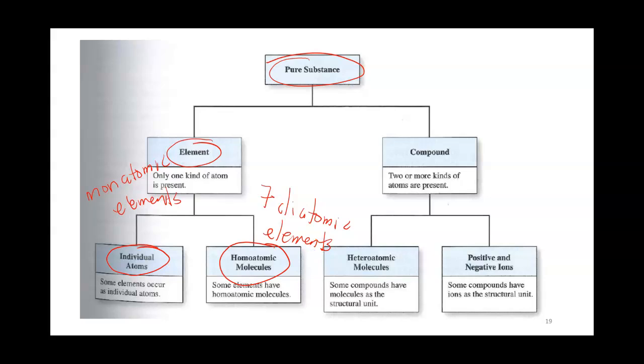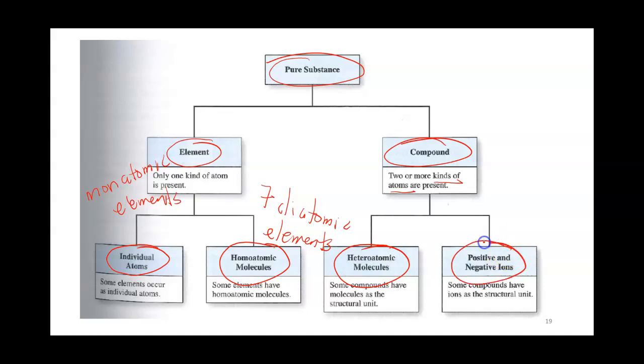If our pure substance is composed of 2 or more kinds of atoms, then it's what we call a compound. And compounds can be divided into 2 categories. There are those compounds that are composed of heteroatomic molecules, and they have molecules as their structural unit, where we have a group of atoms chemically bound together acting as a discrete unit.